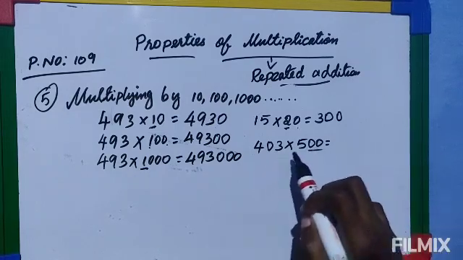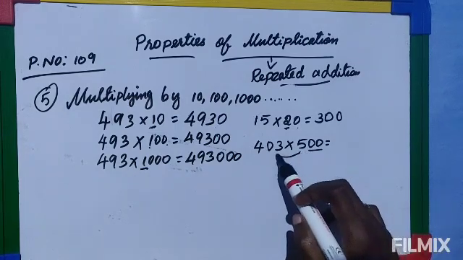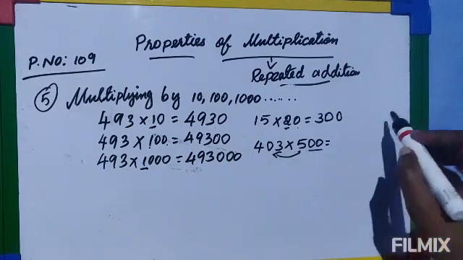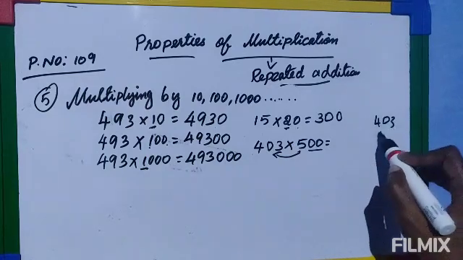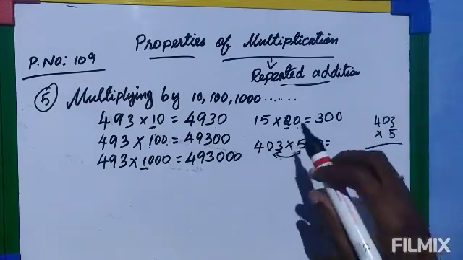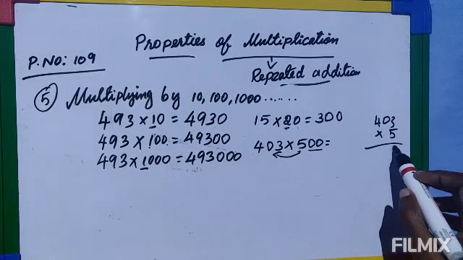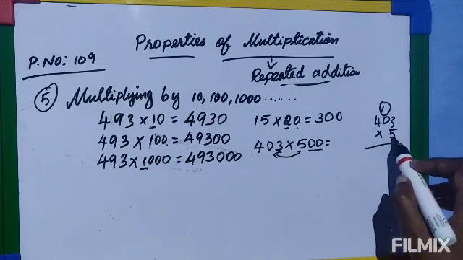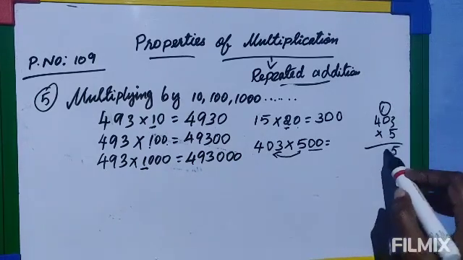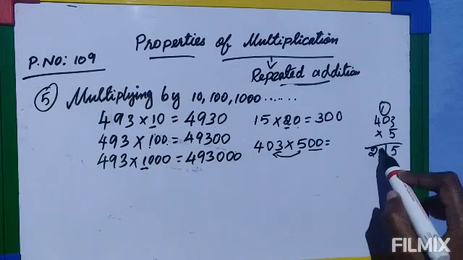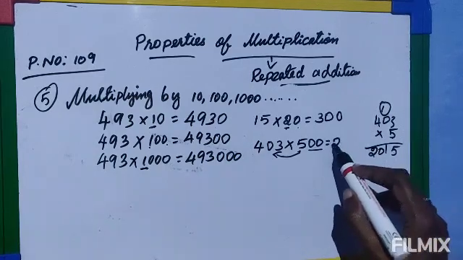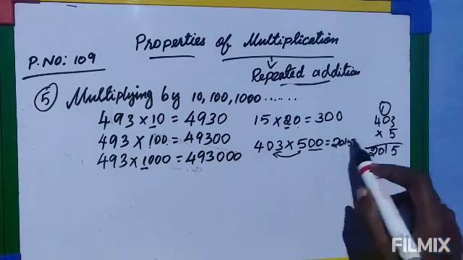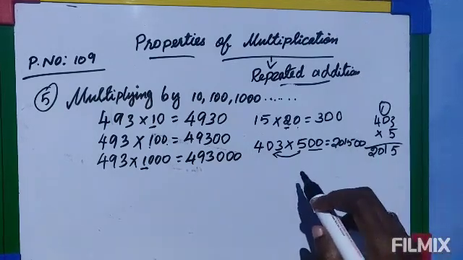So you ignore these zeros, only look at the number. Here 5 is there, so you multiply this number by 5. So 403 into 5, you can multiply directly. 3 5s are 15, so 5 you write here, 1 carry. 0, if you multiply any number by 0, it is 0 only. So 0 plus 1 is 1. 4 5s are 20. So 2015. And now you have to insert the zeros you ignored. Here 2 zeros, so you insert them at the back.